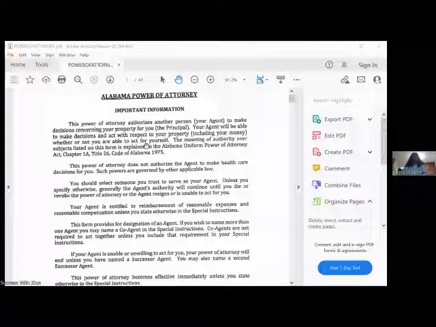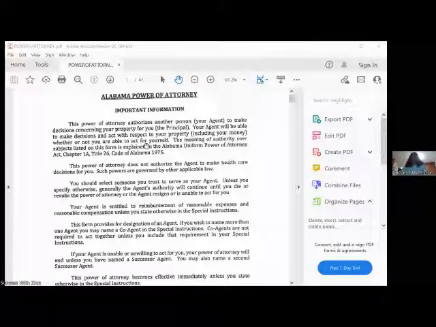And then it lists the agent's address, which is John Doe's address, 6420 La La Land Drive, Rabbit Hole, Tennessee, 12345. Of course, I'm just being silly and inventing it. The agent's phone number, or Jane Doe, which is the name of the other person given the power of attorney.